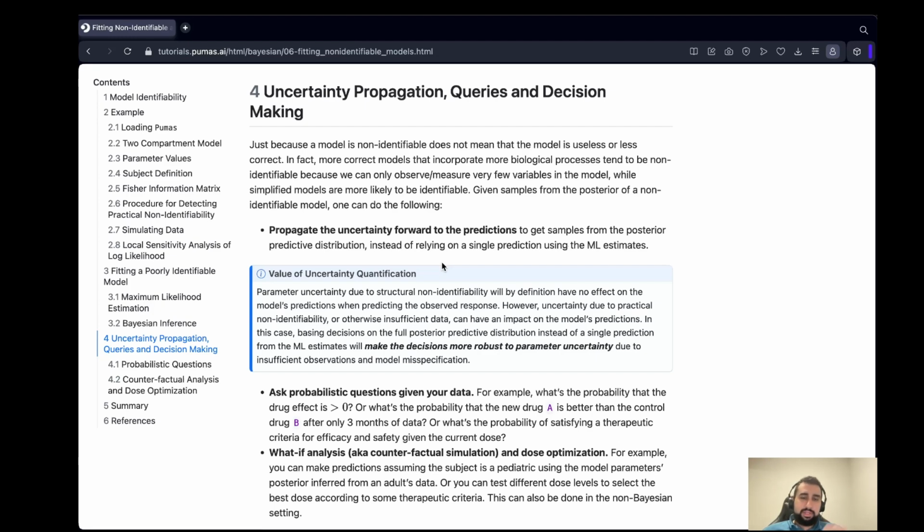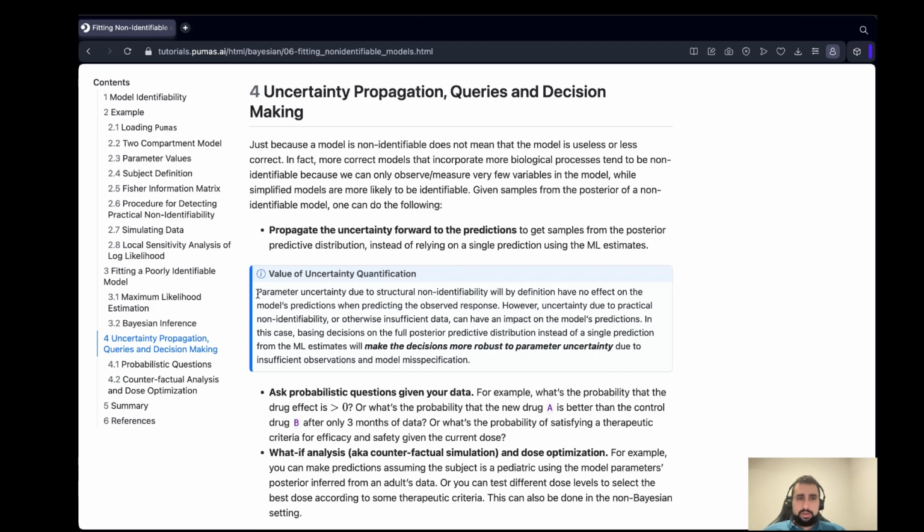Avoiding toxicity and increasing the probability of efficacy are things that we can actually do once we have these samples from the posterior, and we can propagate the uncertainty forward to predictions, and then use those predictions to estimate certain probabilities of good events we want to happen and bad events we want to avoid, for optimization purposes. And then we can tweak the parameters that we can control, like the dose level and dosing regimen and so on, in order to achieve a higher probability of success in treatment.